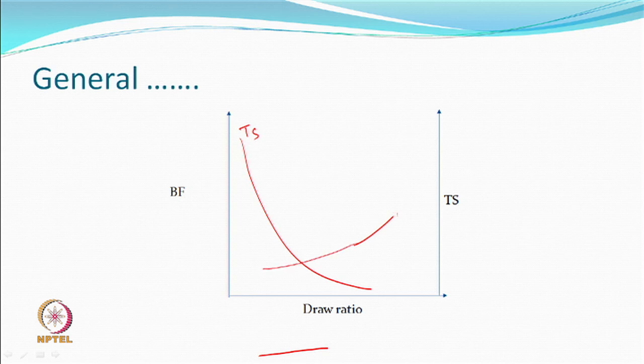all right. So, they increase, and so you again have a limit where you should be able to optimize the draw ratio. That means, you may be able to meet the client's requirement also, and if you are not able to meet, then obviously you have a problem.